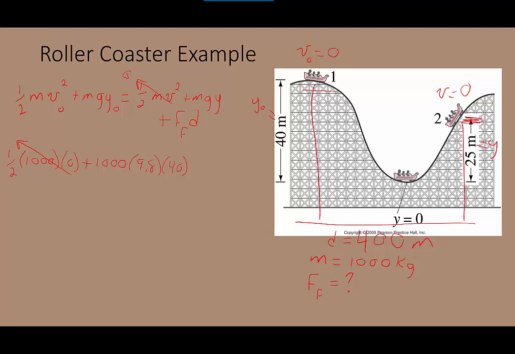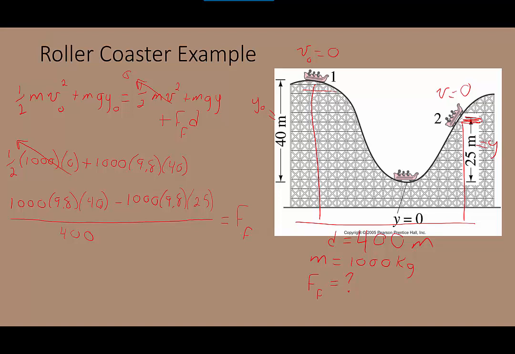So what we really have is 1,000 times 9.8 times 40, minus 1,000 times 9.8 times 25, all divided by d of 400, and that is equal to our force of friction.